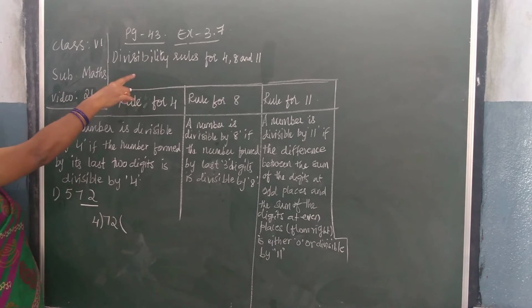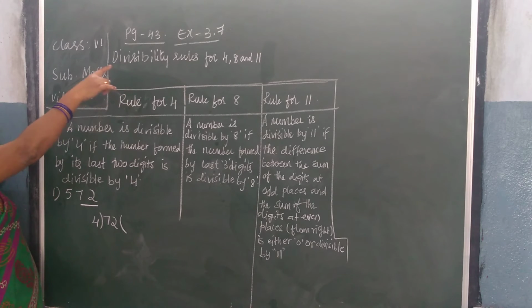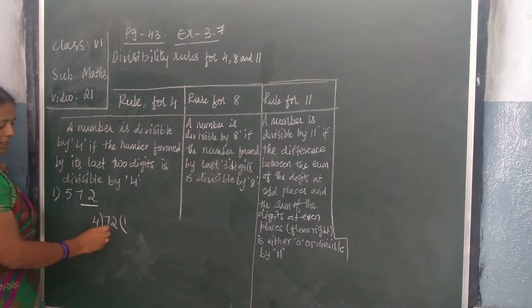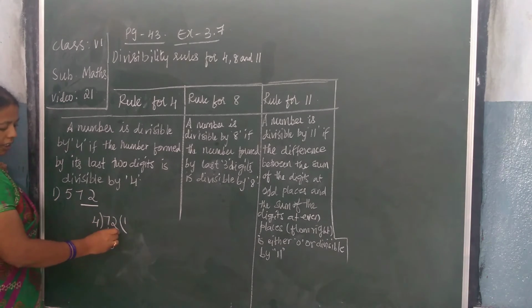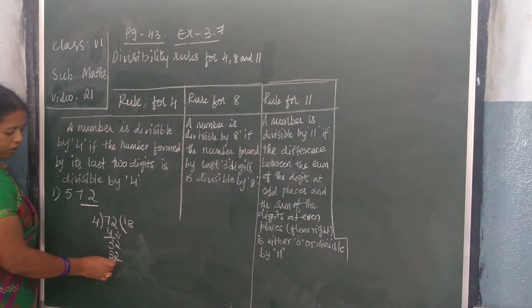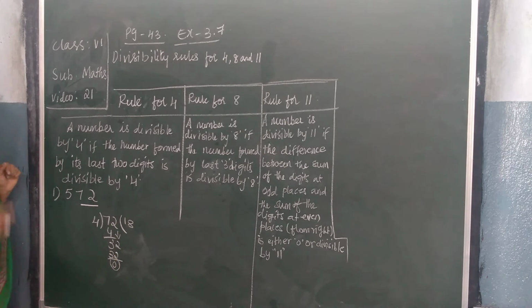That is the question from exercise 3.7, and this is the first problem. So, 4 1s are 4, 3. Then bring down 2. 4 8s are 32. Now, the remainder is 0. If the remainder is 0, then what will you say?